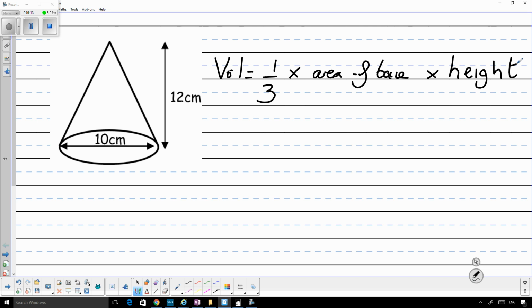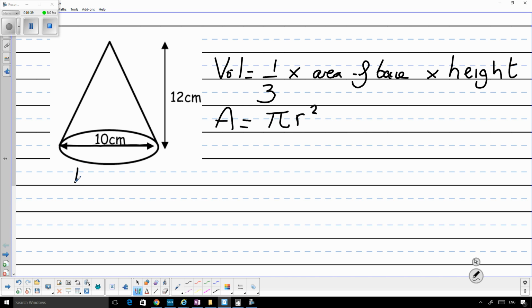a circle this time. And we must remember that the area of a circle equals pi r squared. And if we take a look at our diagram here, we've given some dimensions on this circle. We're told that this measurement across here is 10 centimeters.